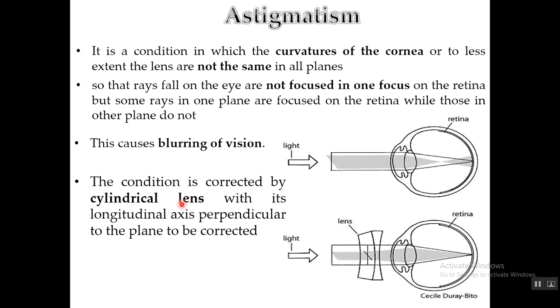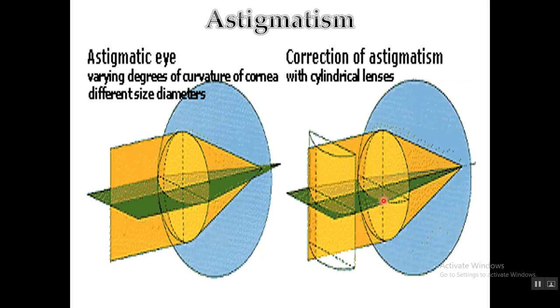Okay, it is corrected by cylindrical lenses, and when we put the cylindrical lenses, its longitudinal axis must be perpendicular to the plane to be corrected. Okay, like this. Here we have two planes, the yellow plane and the green plane. The yellow plane converges on the retina, but the green is behind the retina. So we show a cylindrical lens, part of a cylinder, and this is the perpendicular axis.